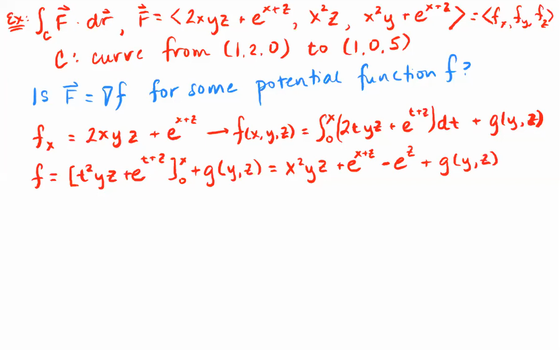Now I'm going to go on to the second partial derivative, this one up here. Partial y is x^2 z. So the derivative of f with respect to y is x^2 z plus, well, that's going to be a 0 for this and this, and then I'm going to have partial g, partial y.